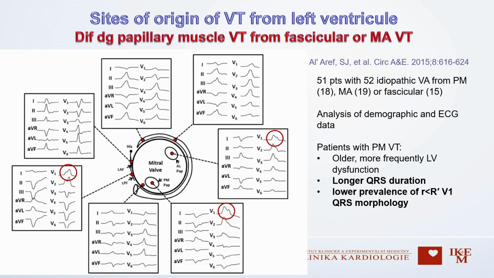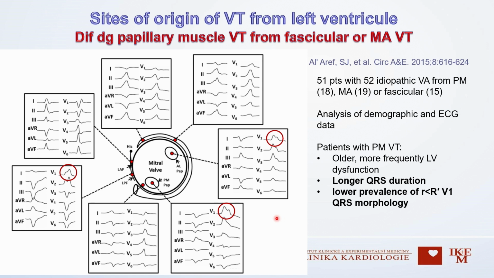Generally, those that originate from the conduction system have a smaller first R and a bigger later one, whereas the papillary muscles more resemble this morphology with the first R wave being the bigger one than the other one.